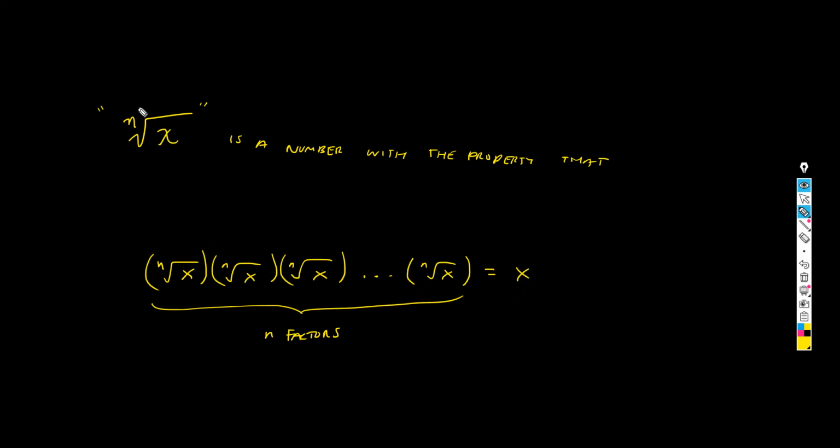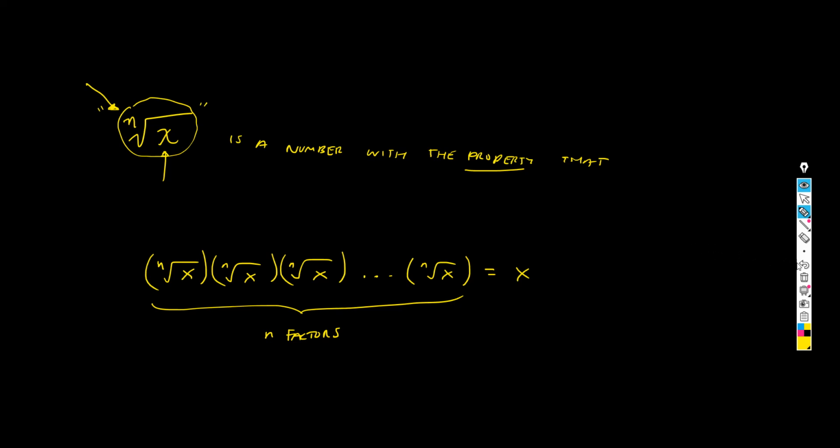That is the definition of this number, guys. It's a number with the property that when you multiply it by itself n times, as many times as the index of the root tells you, what you get is the number inside the radical, x.